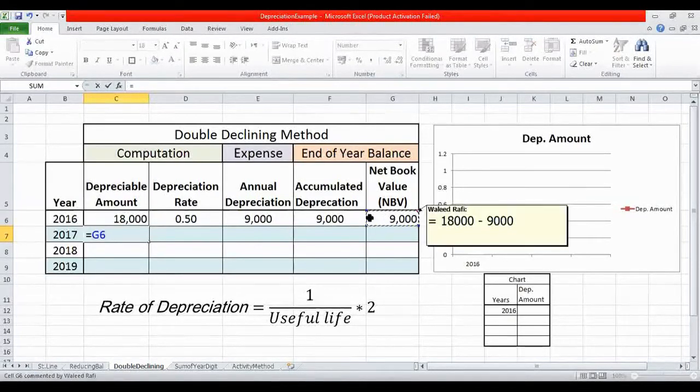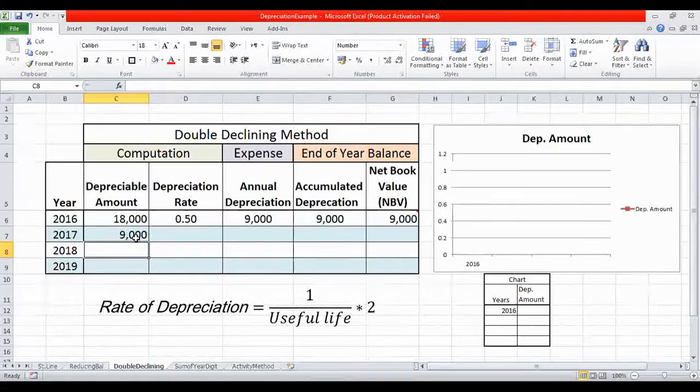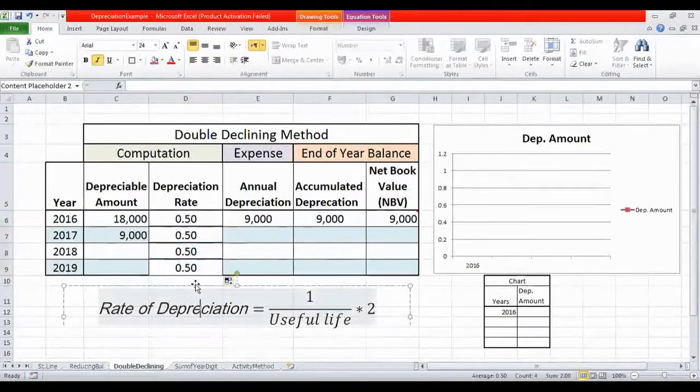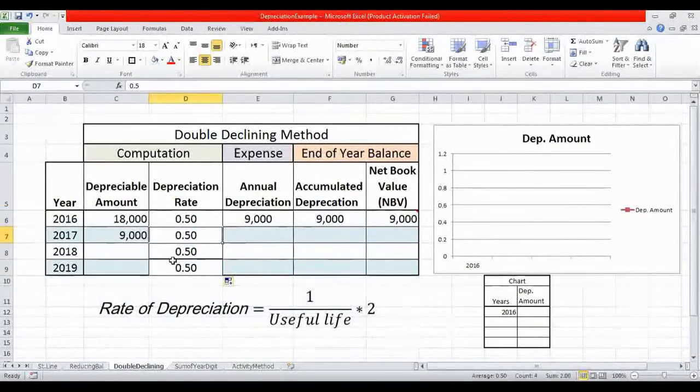So 9,000, you can see now we are reducing the depreciable amount. Again, the rate of depreciation will totally remain the same. So 50%. So 50% if we calculate for 9,000, we can simply put the same formula over here. So we can drag it over here, 4,500.